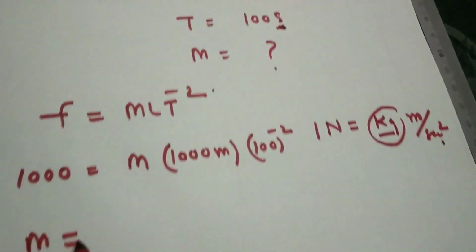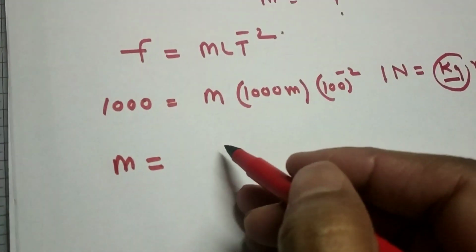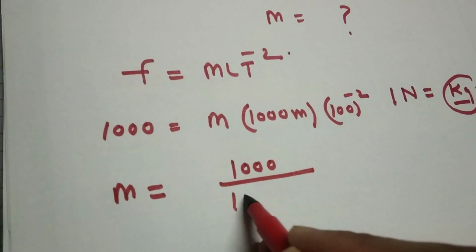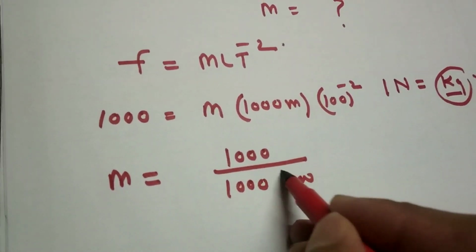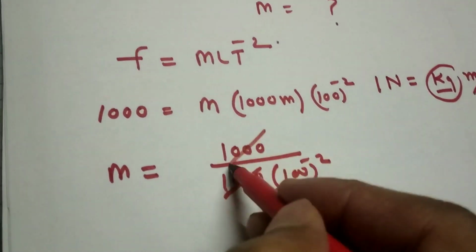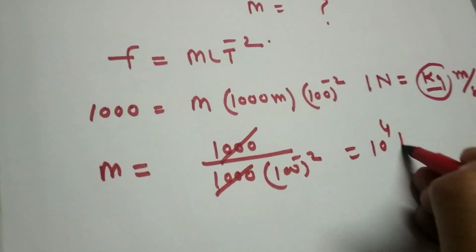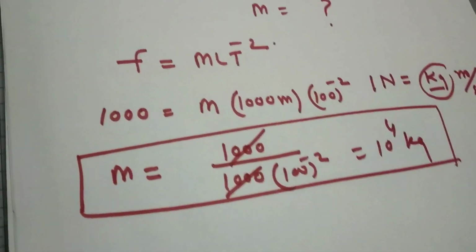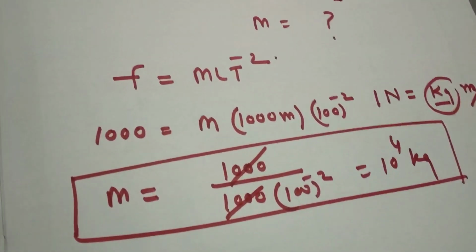So mass you can find as 1000 upon 100 to the power minus 2. So the answer will be 10 to the power 4 kilogram. Clear?